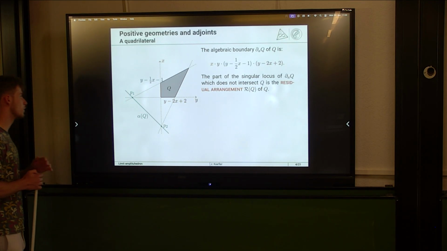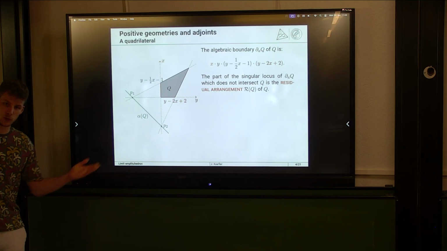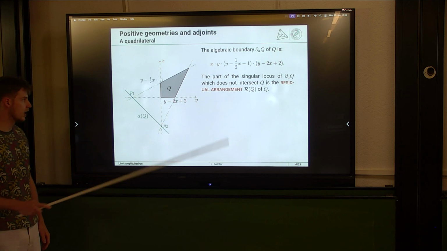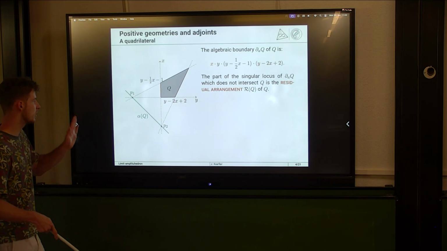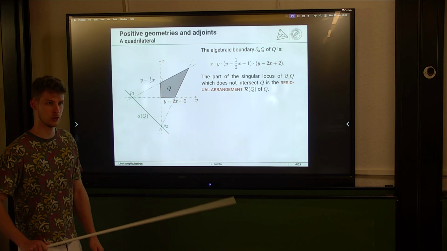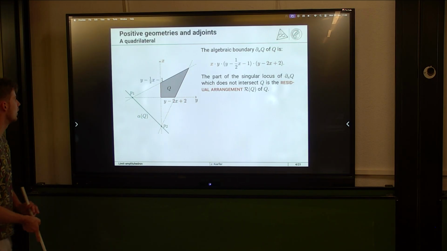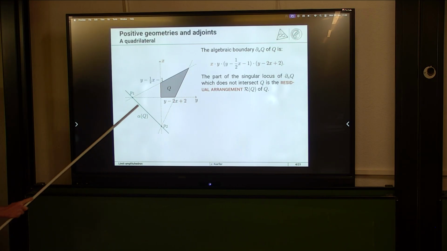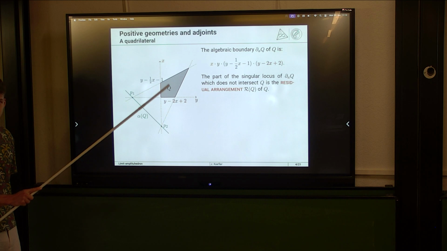So, the first notion we introduce here, which is going to be important for us, is that of the residual arrangement. And this is part of the singular locus of our algebraic boundary, which does not intersect the semi-algebraic set we are interested in, that is the quadrilateral. So in our case, well, if you've taken a course in algebraic geometry, at some point you will always know the singular locus certainly gets contributions from intersections of lines.